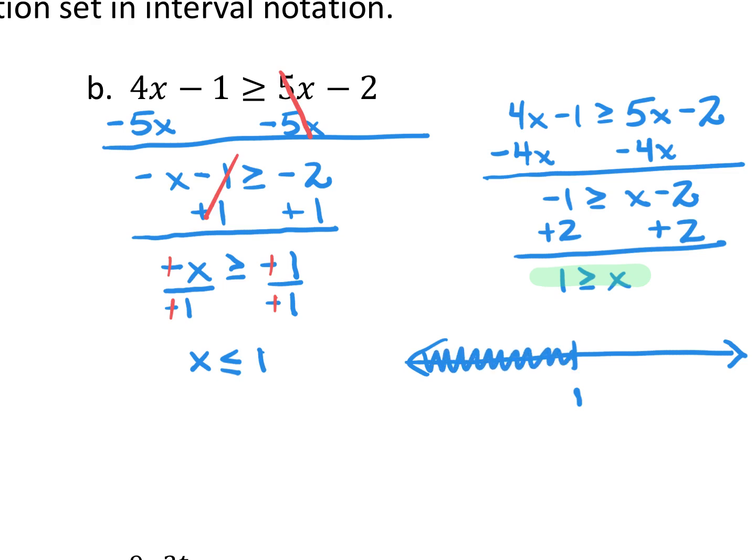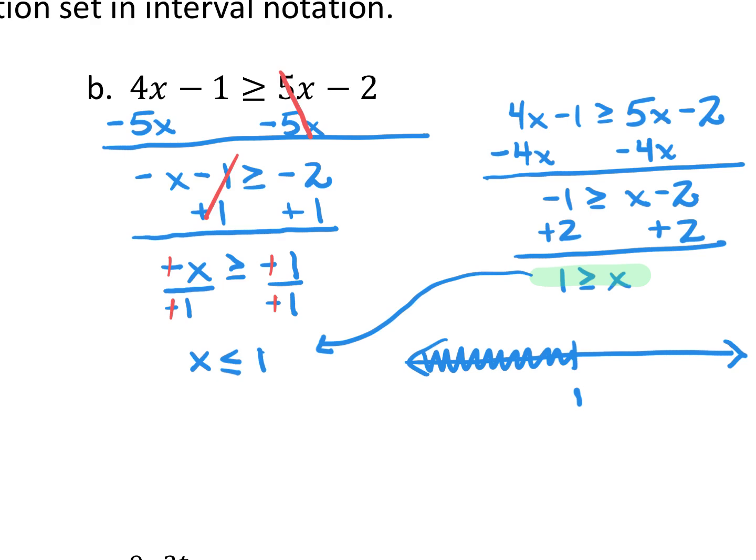Now, one thing you can do is if you do end up solving and moving your variables to the right, then I recommend that you just take an extra step and flip your inequality like that. We can switch the sides, we can put the x on the left, we can put the 1 on the right, and we still want our crocodile mouth opening towards the 1.